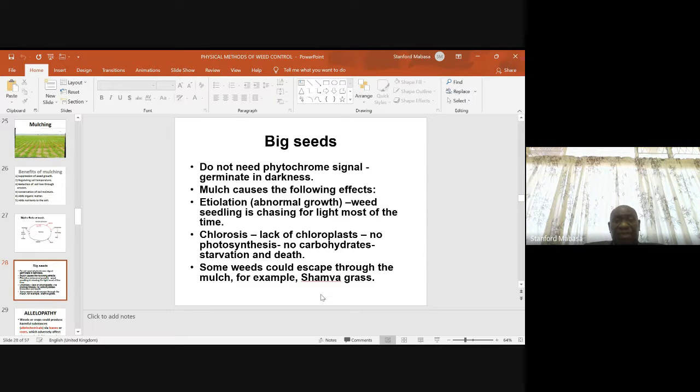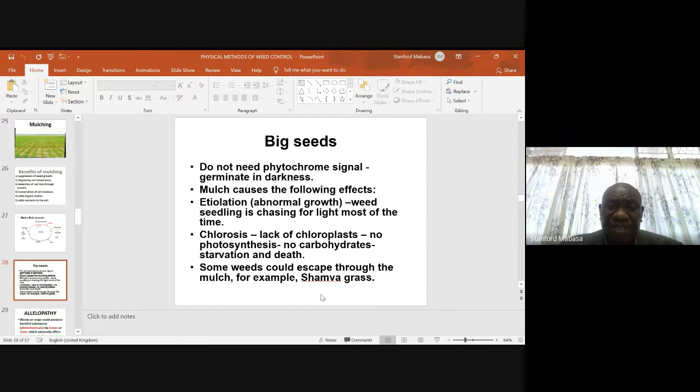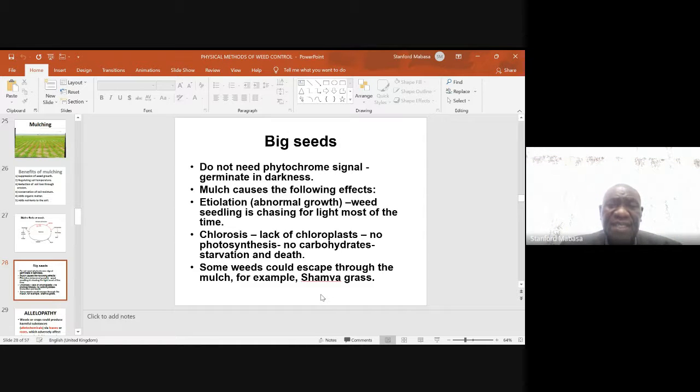They do not need the phytochrome signal for germination in darkness. Mulch causes the following effects. It can cause etiolation, abnormal growth.